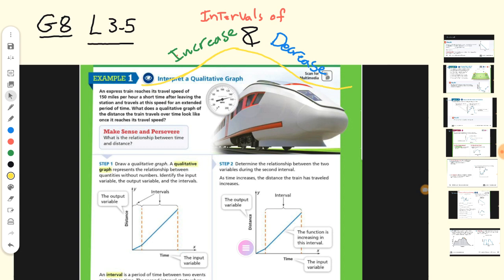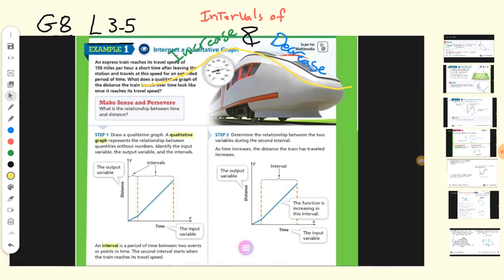You see the extended period of time. So it's called interval. It's a period of time. If I take from the first minute to the fifth minute, it's called a period of time or interval. So the interval is a period of time between two events or points in time.